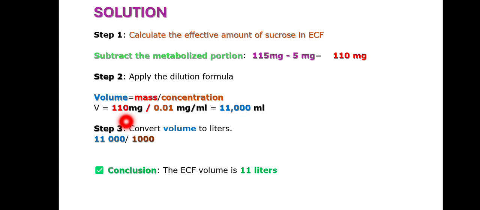The mass is 110 milligrams. We divide it by its concentration, which is 0.01 milligrams per milliliter. The milligrams will cancel, and we remain with milliliters. If we punch these values into the calculator, we find that we have 11,000 milliliters. In case they ask you to state this value in liters, you can divide it by 1,000 and convert it to 11 liters.